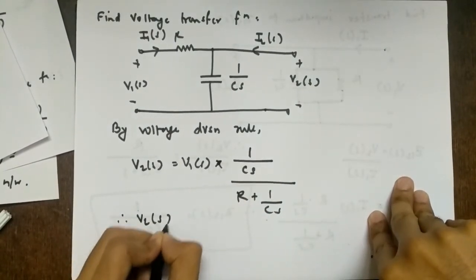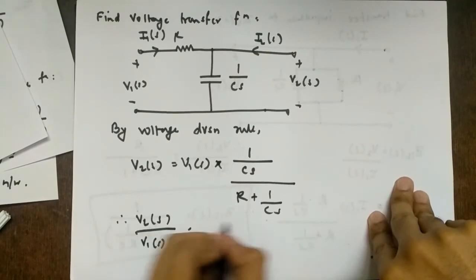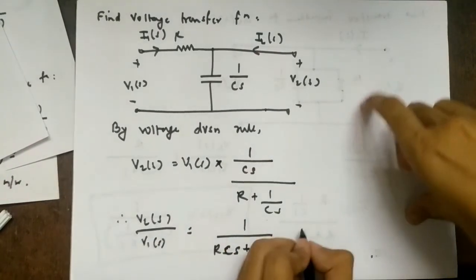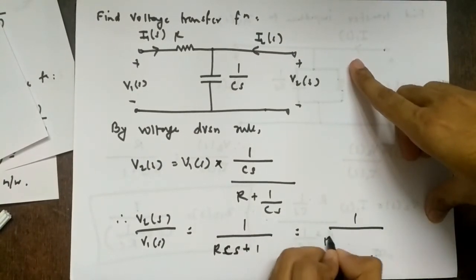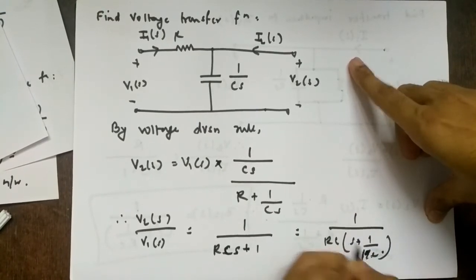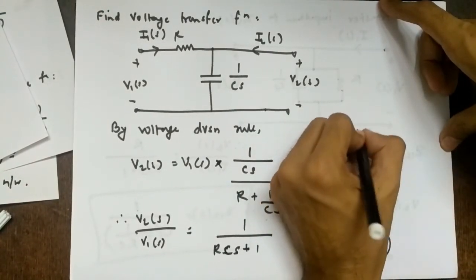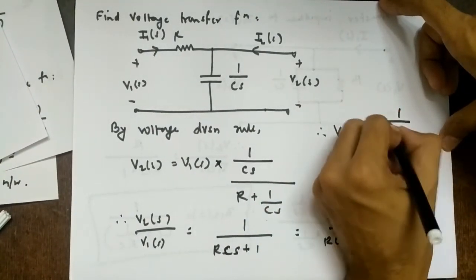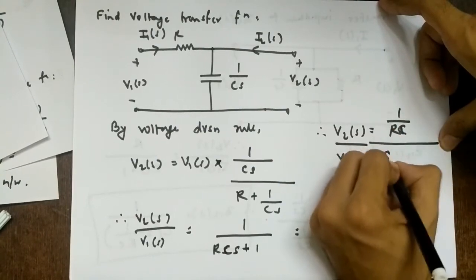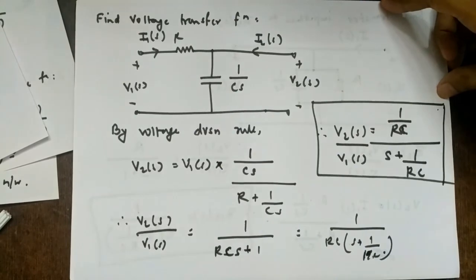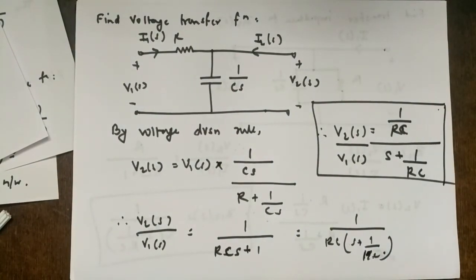So therefore V2 of S upon V1 of S equals 1 upon RCS plus 1. So this is 1 upon RC times S plus 1 by RC. Right? So these are the final answers. So aren't they very simple sums? Okay. So we'll stop here.